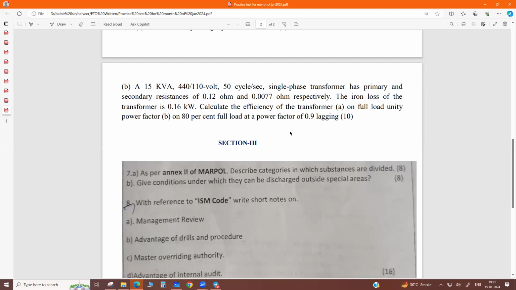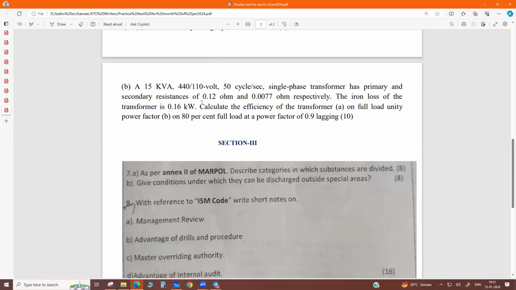And for input, what will we do? Output plus losses. The iron loss is the same, but what is the full load copper loss? Calculate the equivalent circuit as referred to the secondary side, so R2 plus R1 referred. Calculate the turns ratio from this, then the full load current.